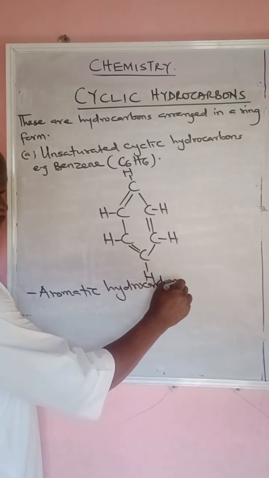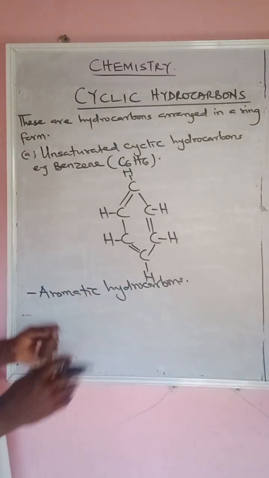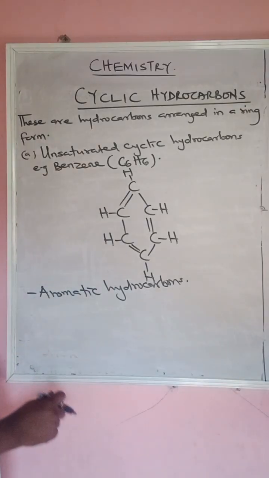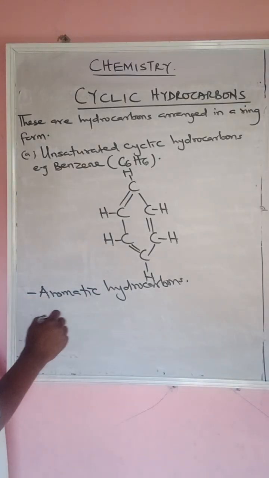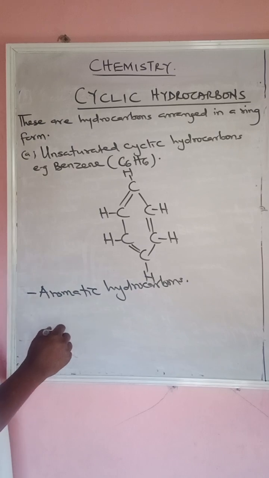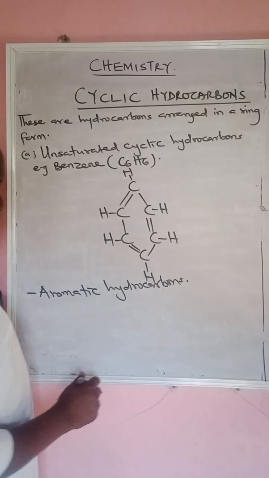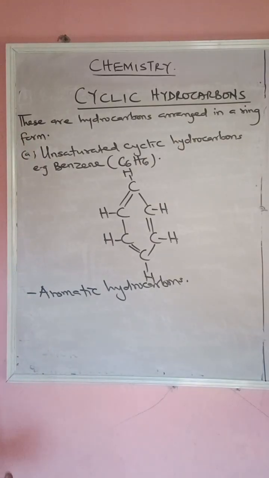We have the conditions. This is in A level, they will teach you that when you get to A level. What are the conditions for a cyclic compound to be aromatic? Not all cyclic compounds are aromatic, but all aromatic compounds are cyclic.